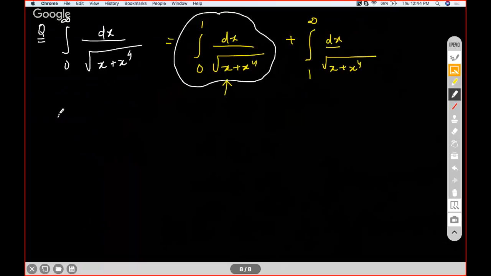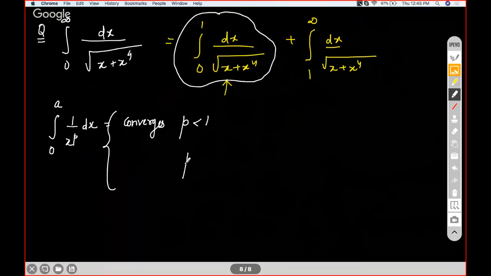Now 0 to a, you recall, what did we do? 1 by x to the power p dx. What did I discuss for this case of integral? We discussed here that if p is less than 1, it converges, and if p is greater than or equal to 1, it diverges.